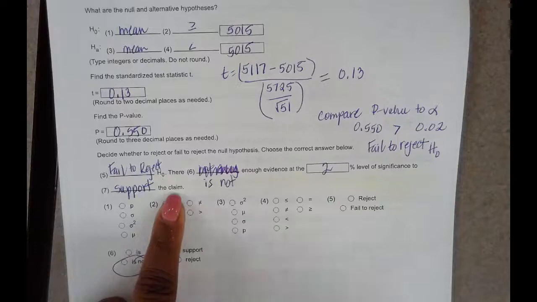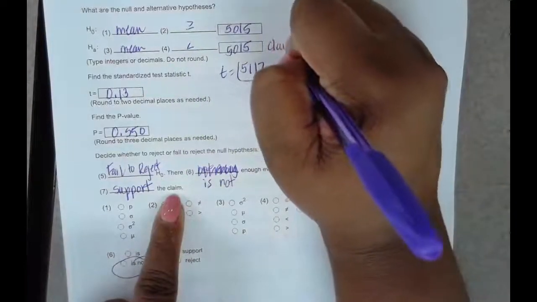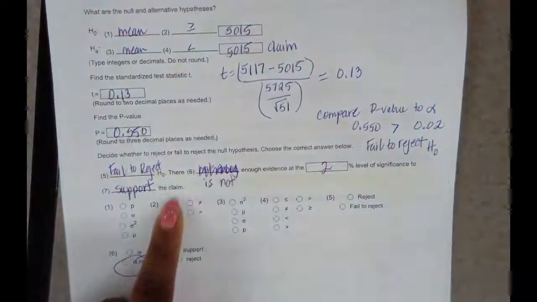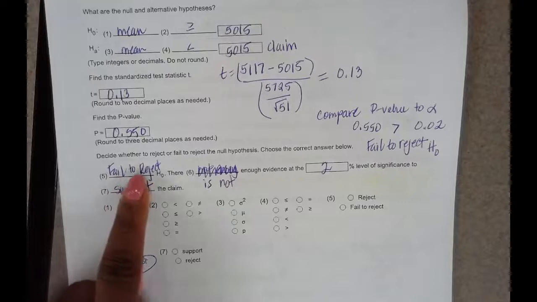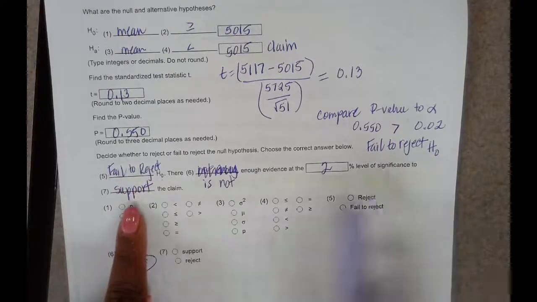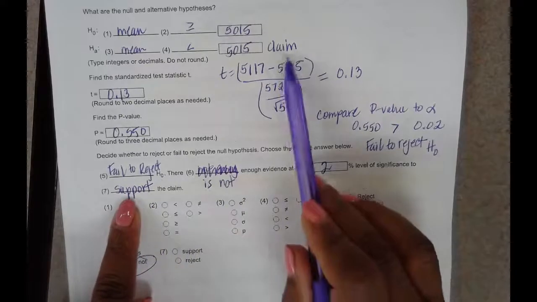Remember guys, our claim actually lived in the alternative, but we really are rejecting the alternative because we're failing to reject the null. So we don't have enough evidence to support where the claim is.